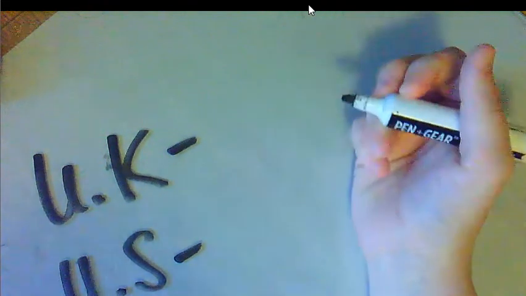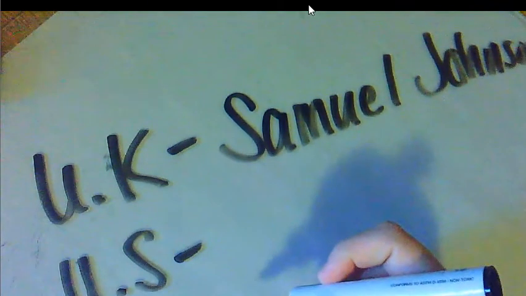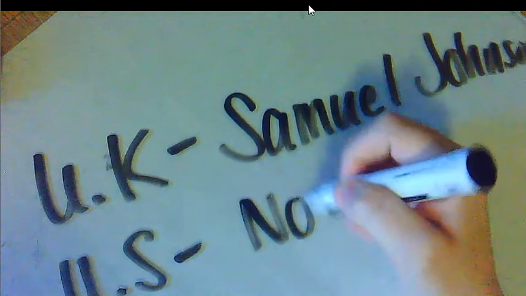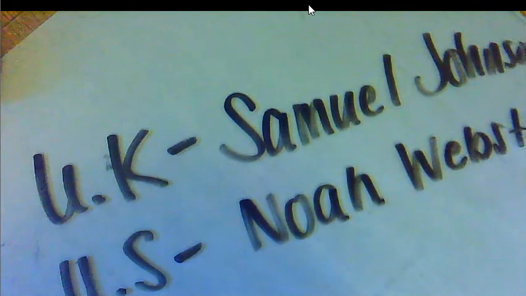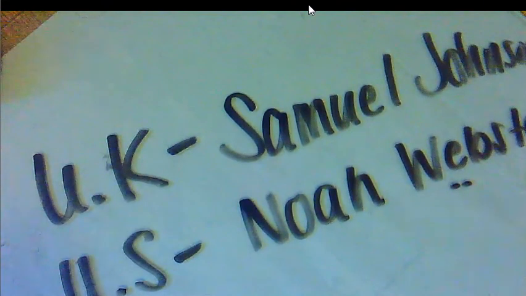And so the UK, they follow Samuel Johnson. And then the US, we follow Noah Webster. Webster's dictionary came from Noah Webster. And so our spellings are set in stone based off of the dictionaries that we use. That's how we came to agree on the spellings.